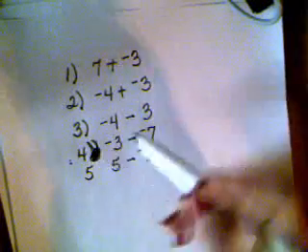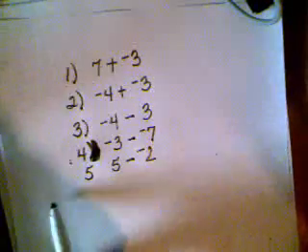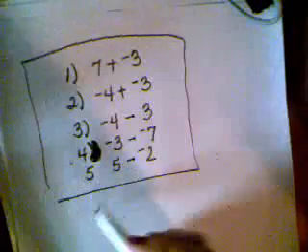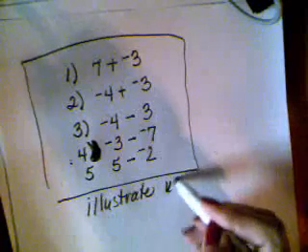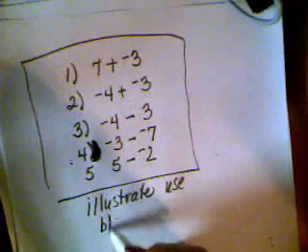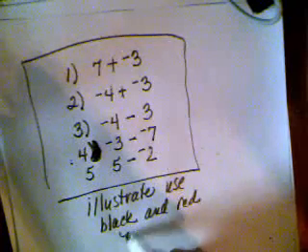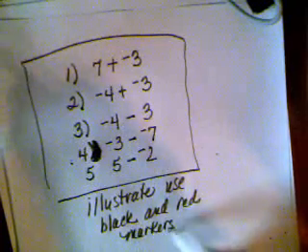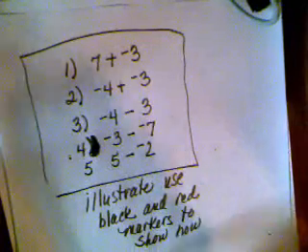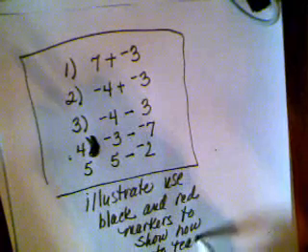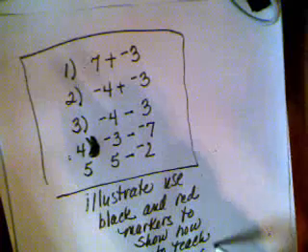Now that's nothing. This is just a -3 minus -7. So I want you to illustrate, use black and red markers to show how to teach to your students.